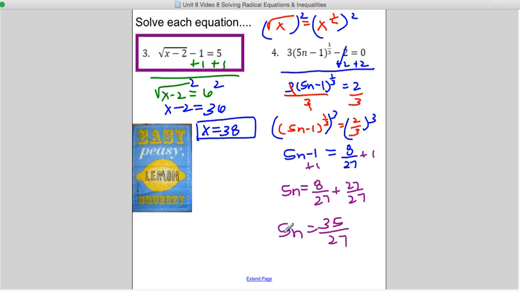Then I would go ahead and divide by 5 or multiply by 1/5. The reason I'm multiplying by 1/5 is because it's easier to compare my fractions. This will cancel, and n is equal to, what is 35 divided by 5? They're both divisible by 5, so this is 7 and 1, so it's 7 over 27.